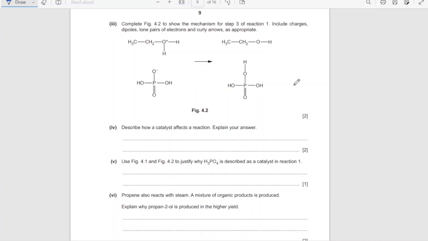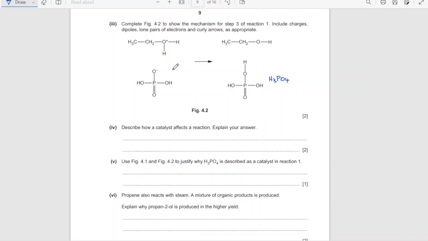Now over here, we need to complete the mechanism for step 3, okay? So this was produced at the end of step 2, and this is what we have from step 1. Now you can see over here that this particular anion is being converted back into H3PO4. All right. So that means that the catalyst is being regenerated, right? Now the way this will happen is when it gains a hydrogen ion.